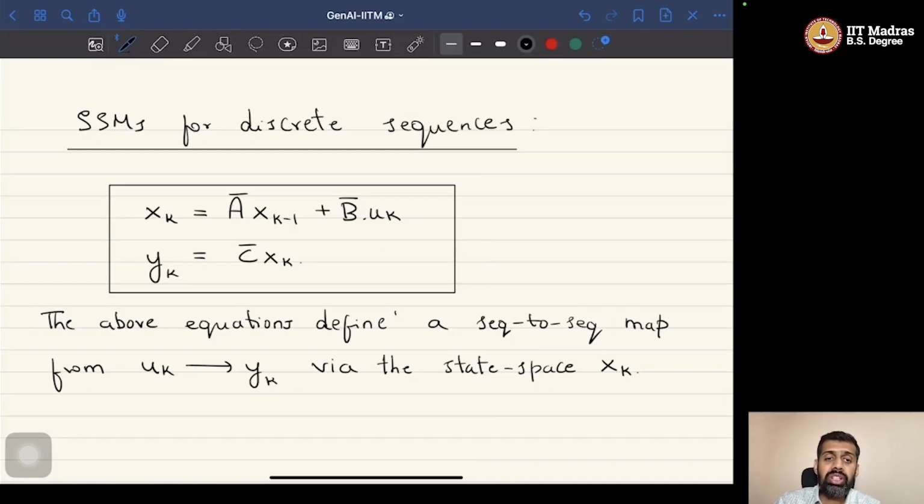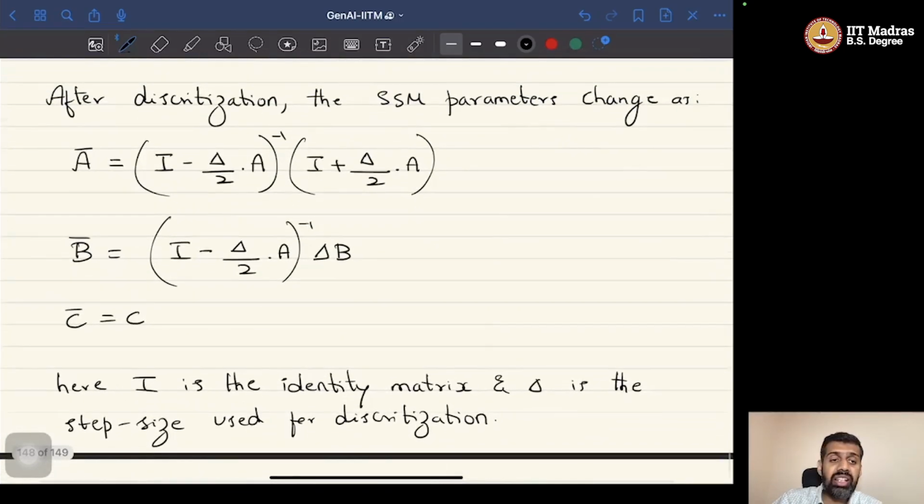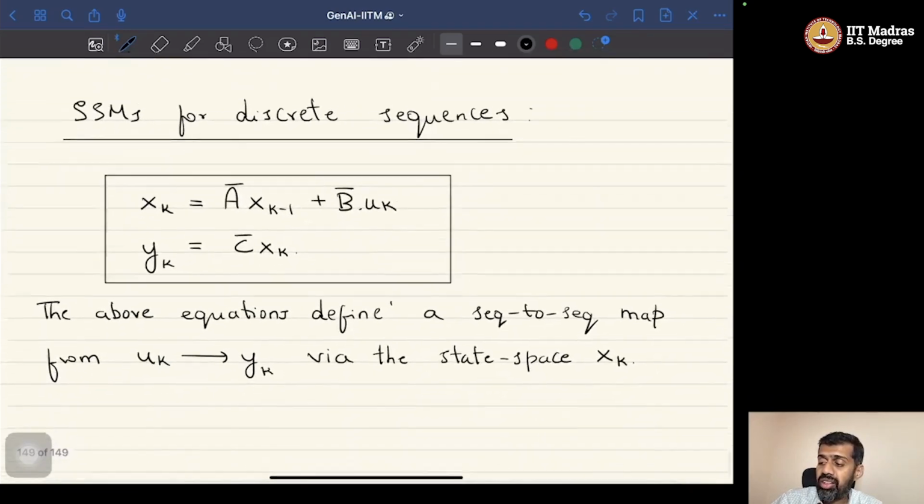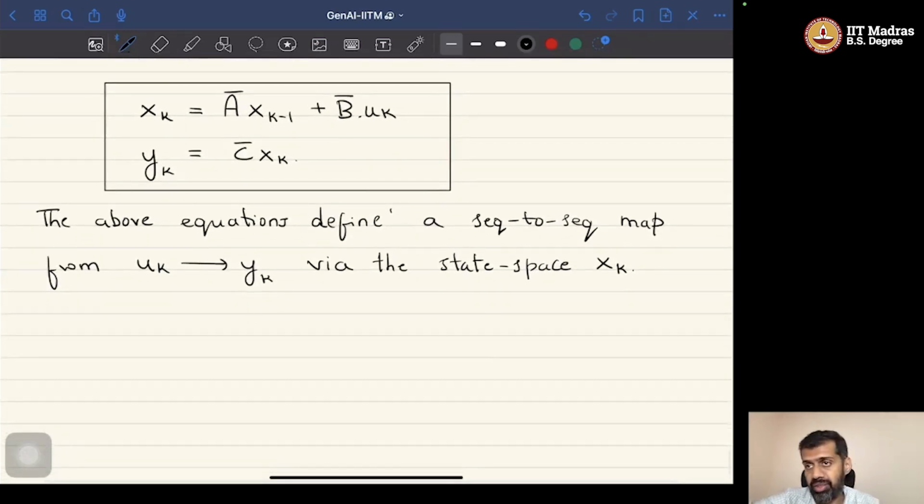Okay, so just to recap, what we did was we started from the definition of state space models, assuming that the underlying data that we have is continuous. Now, since in practice we work with discretized data, we discretize the continuous state space models, obtaining discrete state space equations with appropriately defined A, B, and C that is governed by the underlying discretization method.